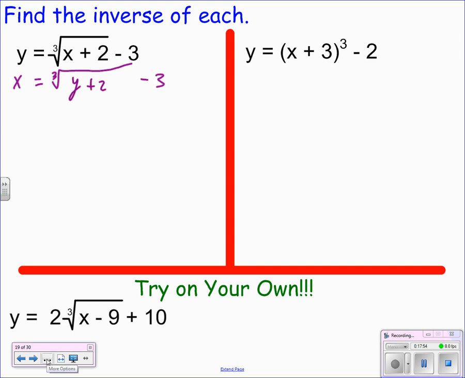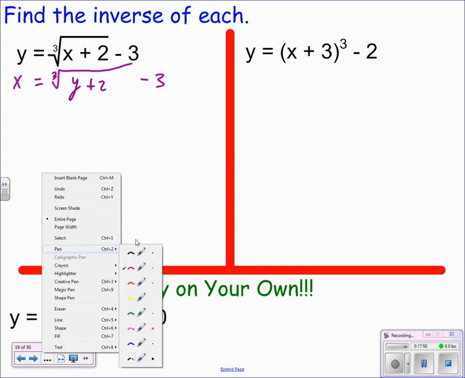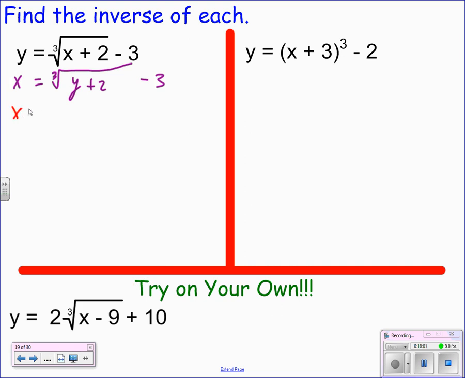First thing I'm going to do is add 3 to both sides. So I would have x plus 3 is equal to the cube root of y plus 2. Now to get to y, I have to remove the cube root.